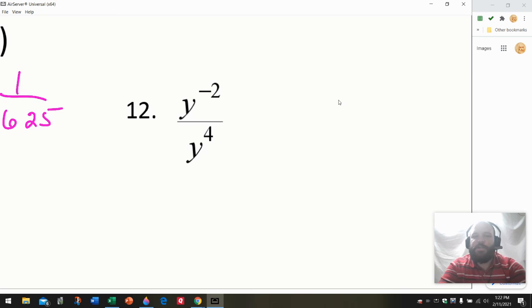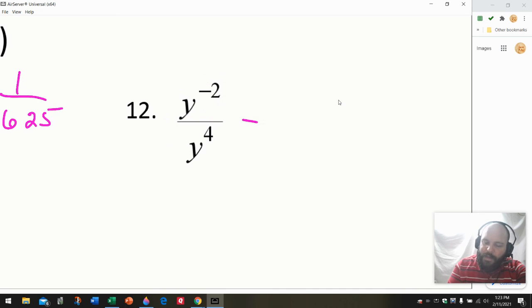Now, the last one I'm going to show you can be done in two different ways, just like the first one. I'll do it both ways and show you. The first thing, and I think the easier way, would be to notice that this y is to the -2 power. Remember, if it's to a negative power, you take the whole thing and make it switch places. So it's going to go down there to the bottom with its friend y to the 4th.